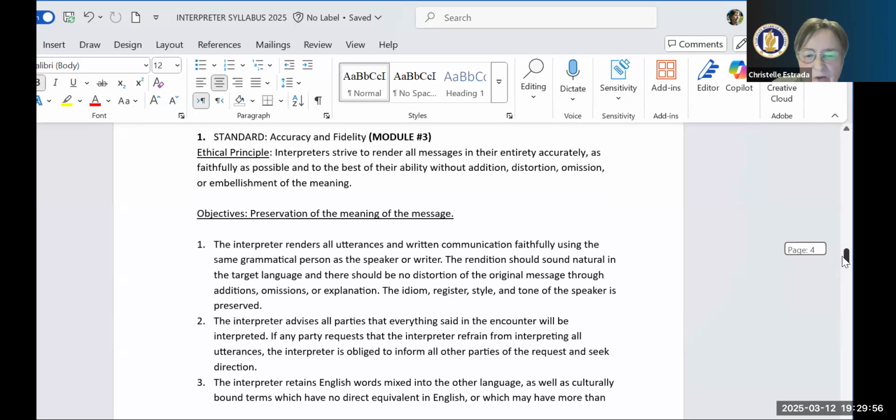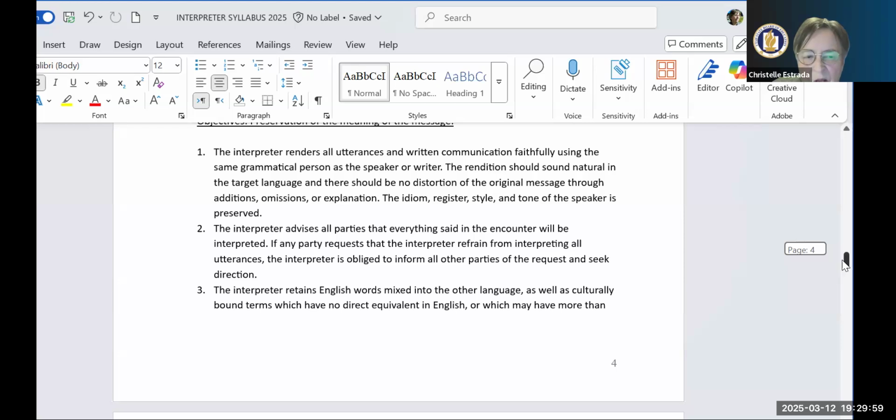Again, you do this as faithfully as you can, in the same grammatical person, as naturally as you can. The idiom and register and style and the tone of the speaker is preserved. So you're trying, which might be a challenge, obviously, because idiomatic expressions are a challenge for anyone. But the goal really is to communicate to the educator that you're going to interpret as accurately as you can.